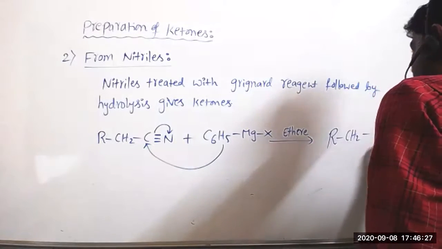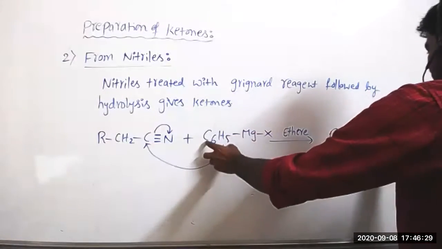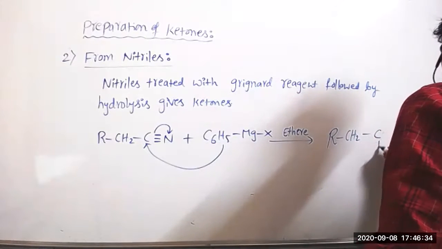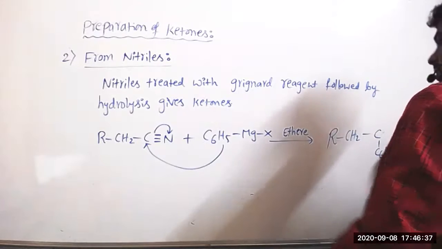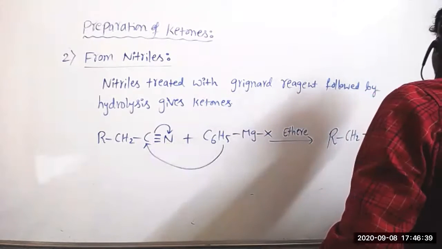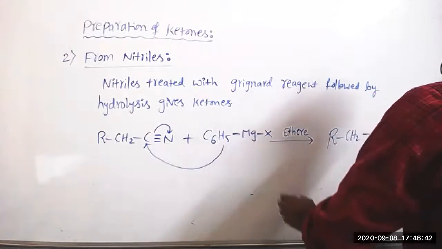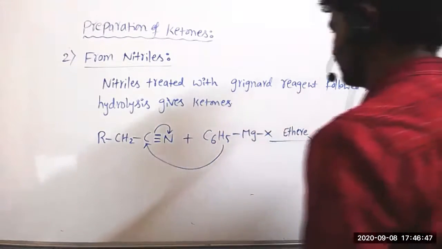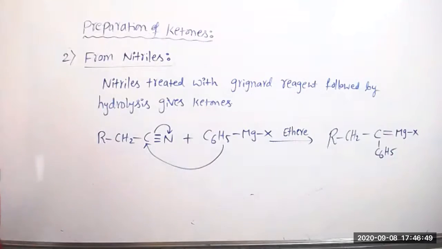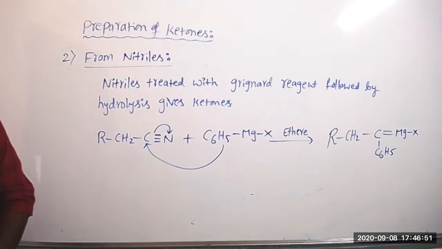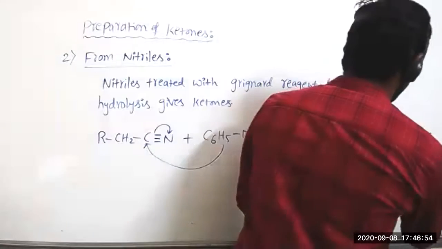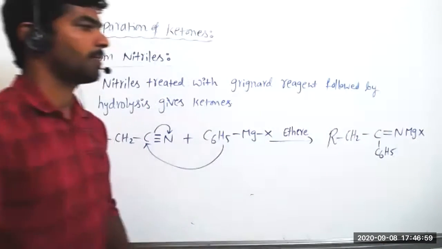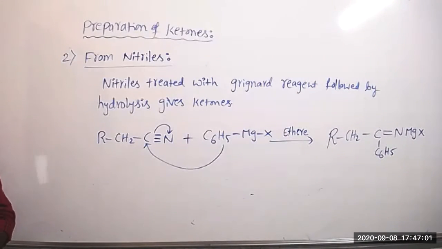R-CH2-carbon linked to C6H5, still the double bond is left, double bond N-MgX. Just a minute, double bond N-MgX, not MgX. Now it is correct. Next step is hydrolysis.